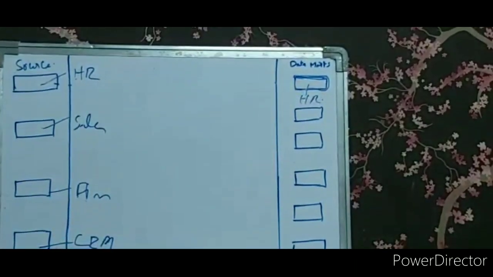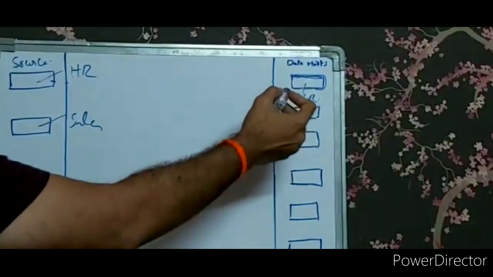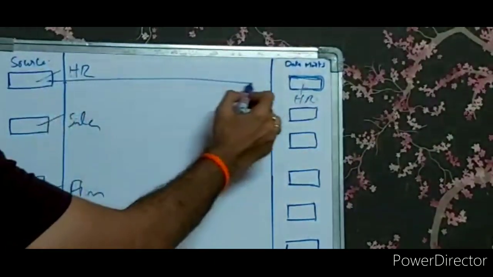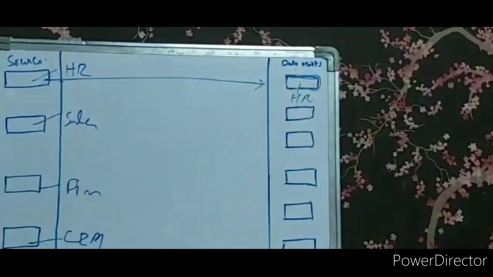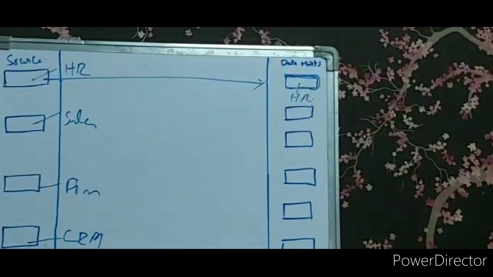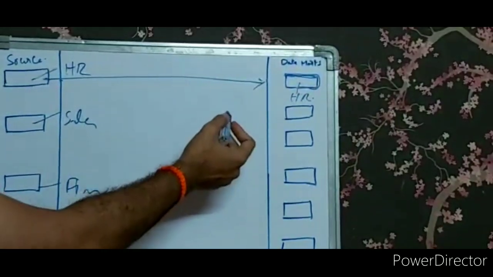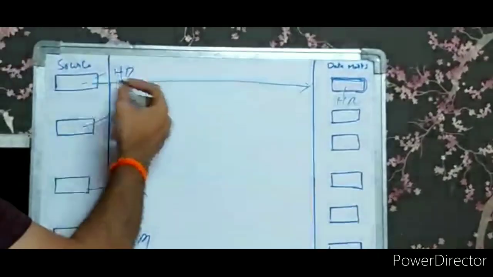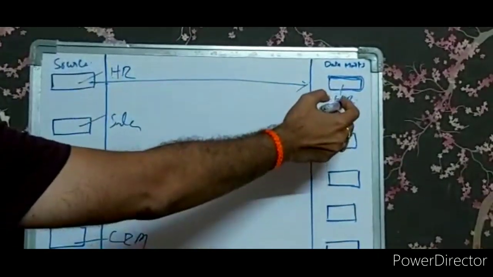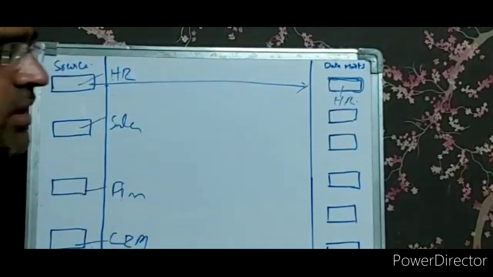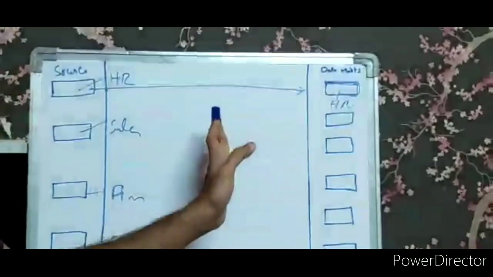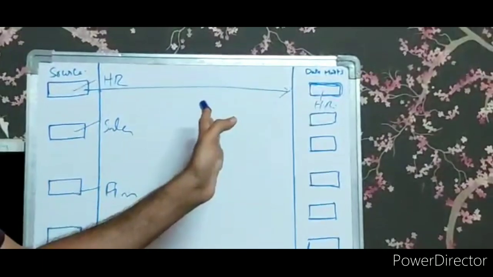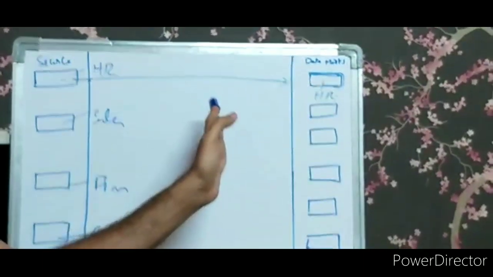So they capture the data from the HR source and perform some reports on HR data, right? Typically, there is no integration happening. They are directly pulling the data from the source system and generating reports on top of the data mart here. So no integration, no loss of data, and no ETL is required in this case.